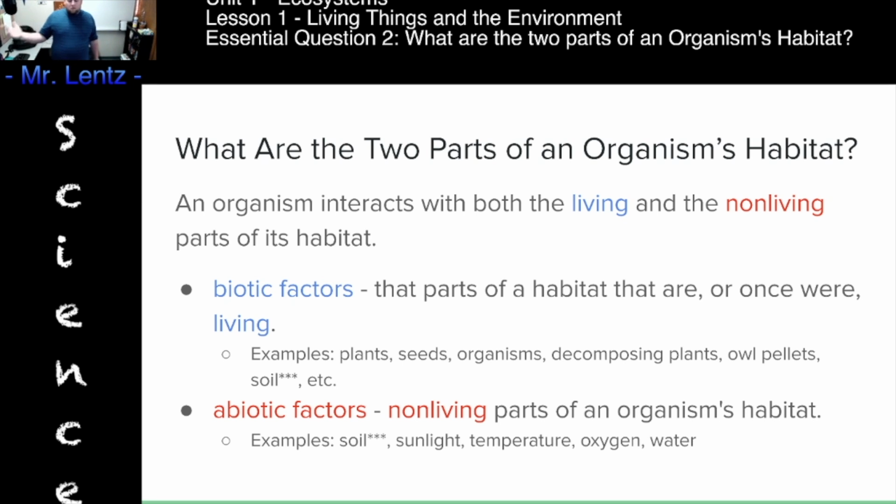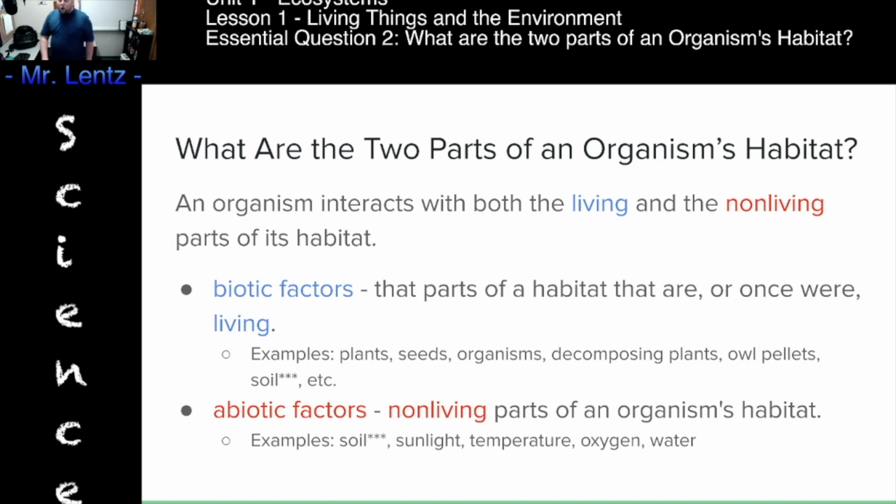Temperature is also non-biotic. But think about it. If we didn't have temperature and it was just insanely cold or insanely hot, we probably wouldn't live too well. The only exception is soil. And this is where scientists get to be a little irksome, because some scientists say, well, I believe that soil is abiotic because it's never actually been alive and it's just a combination of broken up stuff.